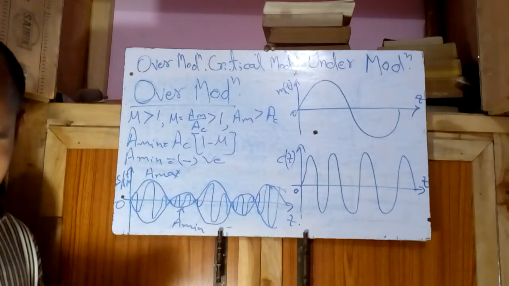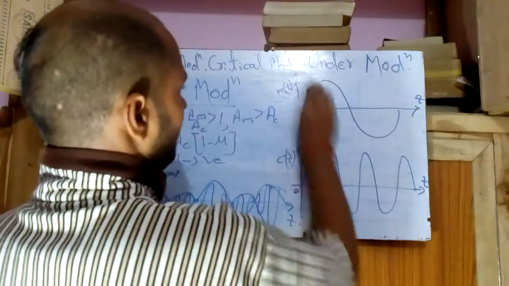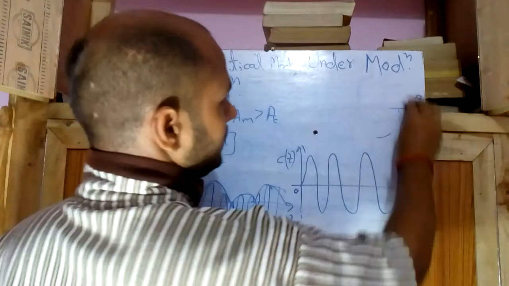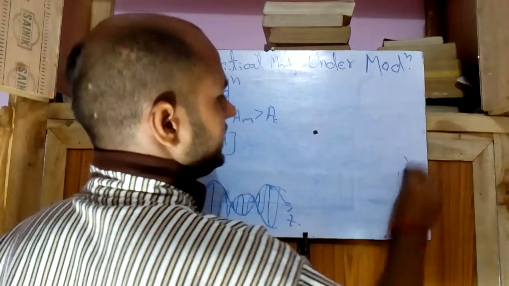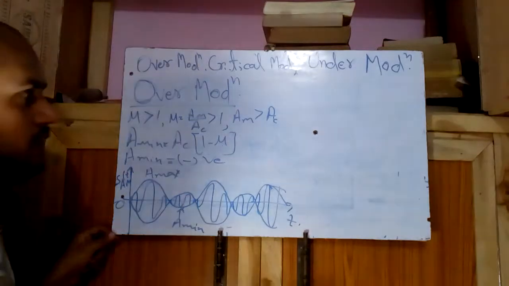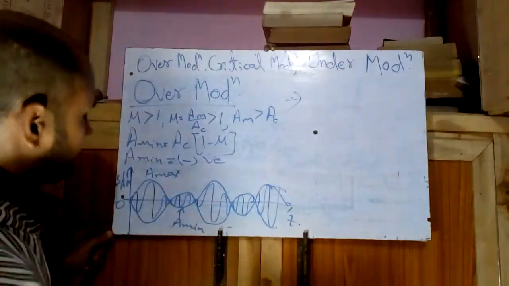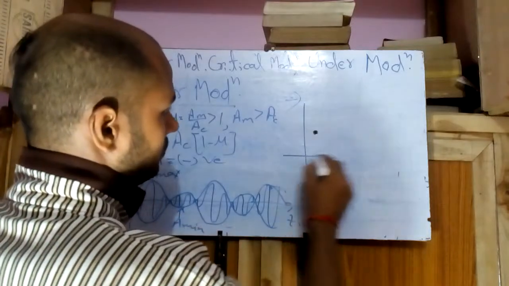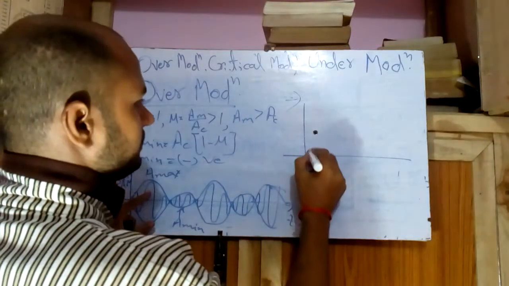For demodulation, we have a detector whose name is envelope detector. The envelope detector is very easy and cheap. Generally we use that in the receiver section. So the envelope detector will detect the over modulated signal like this.